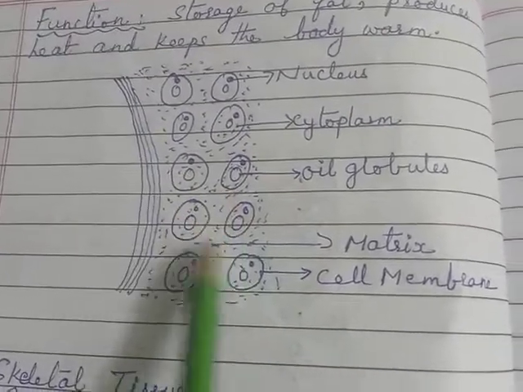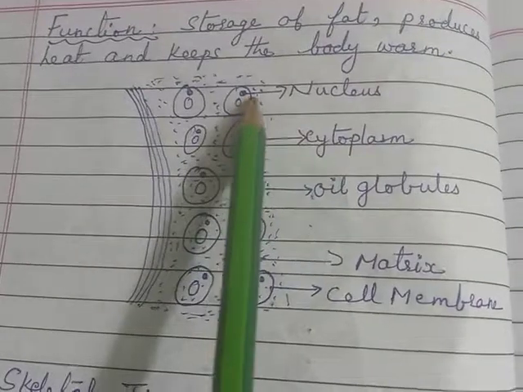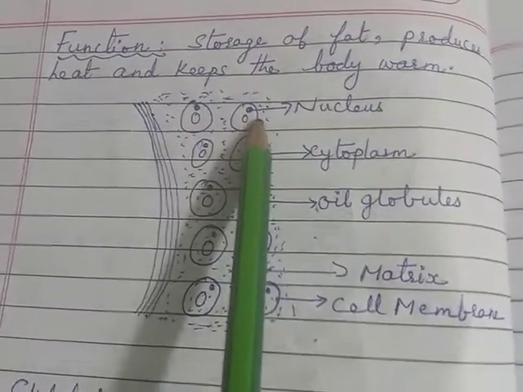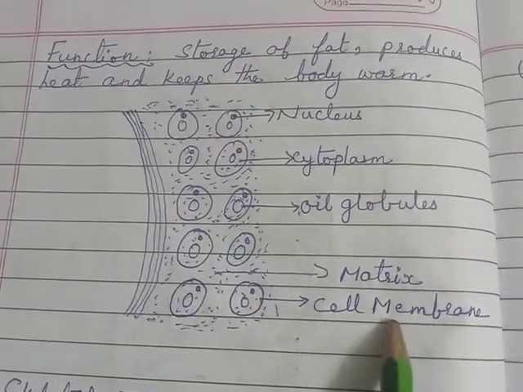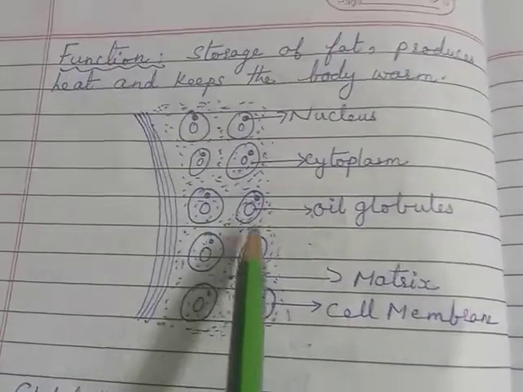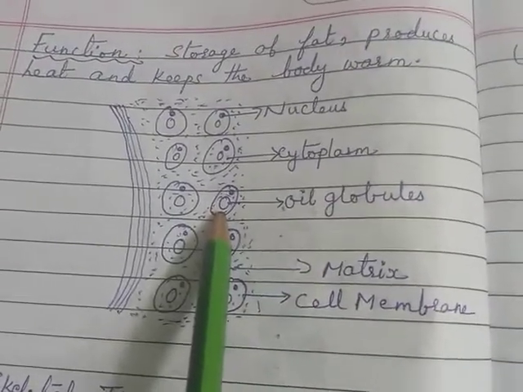See again, these are the round and oval shaped cells which are found in the adipose tissue. All the cells contain a nucleus, and each cell is surrounded by a cell membrane. Between the cells, you can see matrix is present. Each cell has a fat globule or a fat droplet.